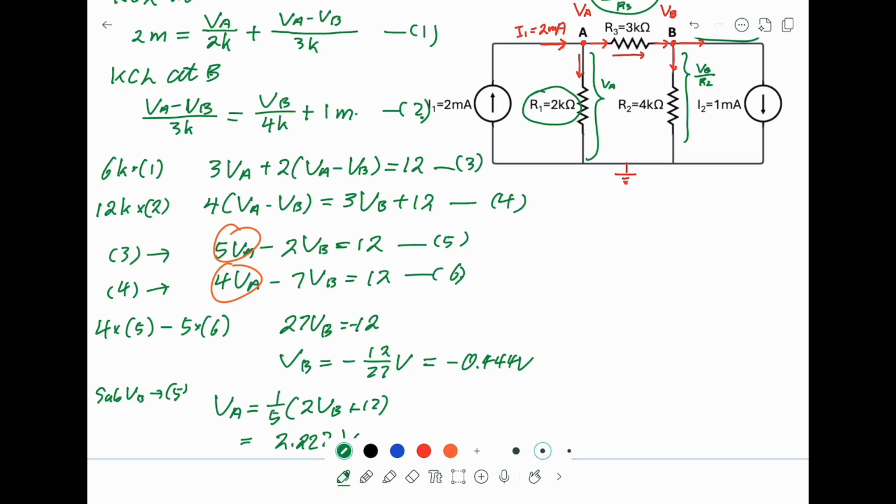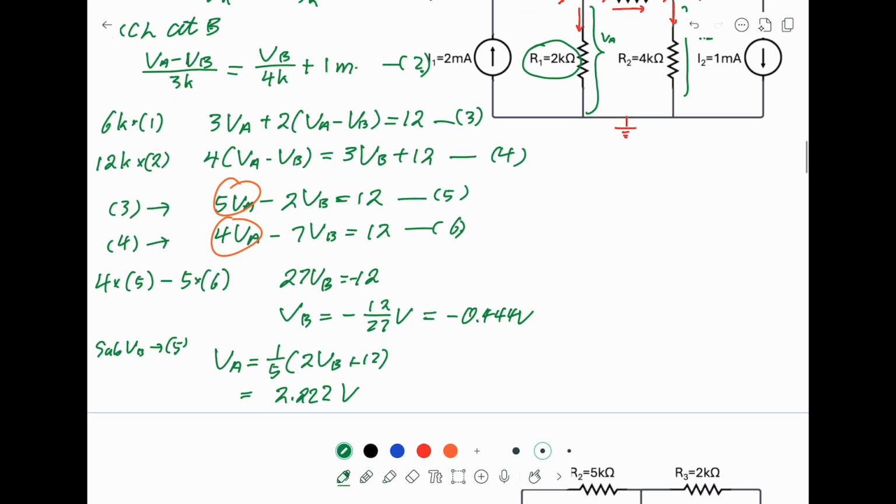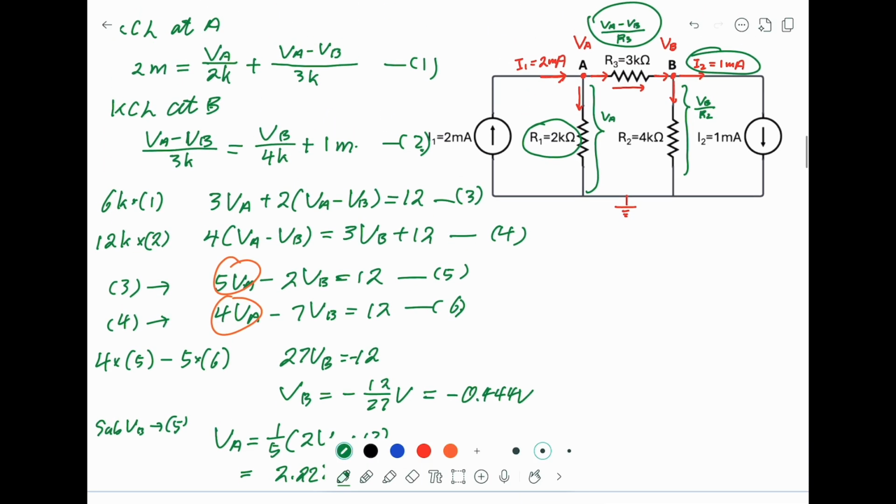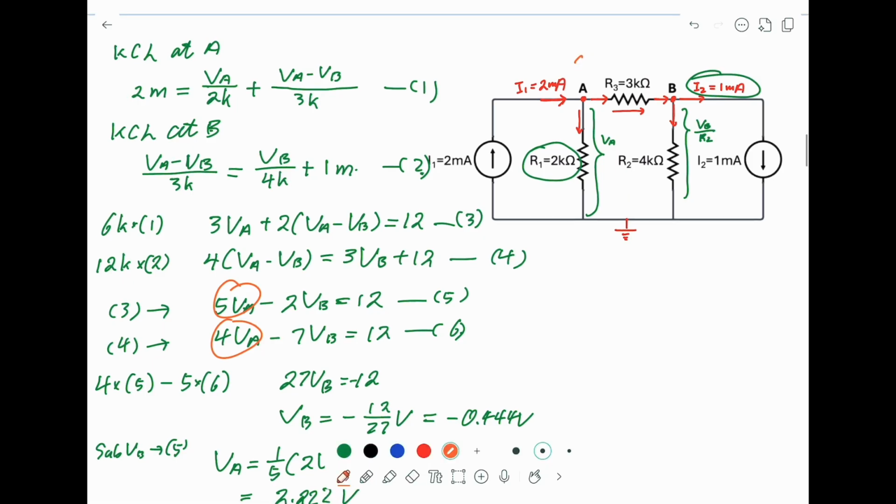Okay, let's check and in particular find the current passing through R3. So VA is 2.22. So let's put down value here, 2.22 volt. VB is negative 0.444 volt. So our assumption VA bigger than VB is correct. However, VB is actually negative volt.